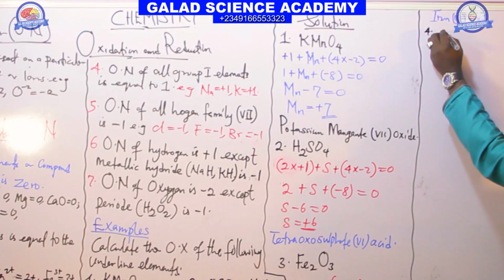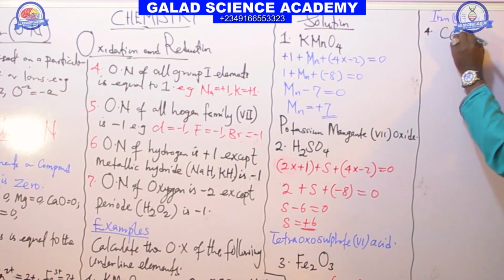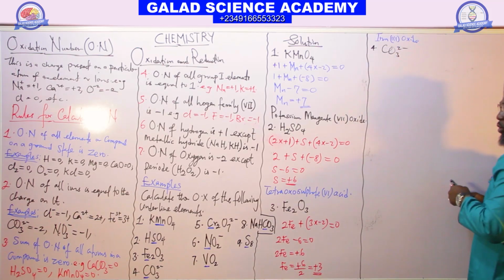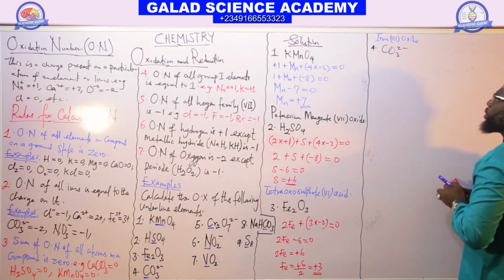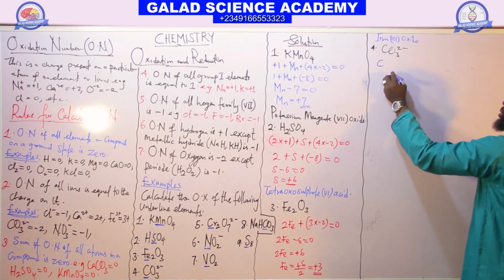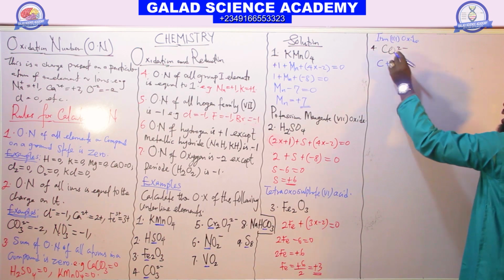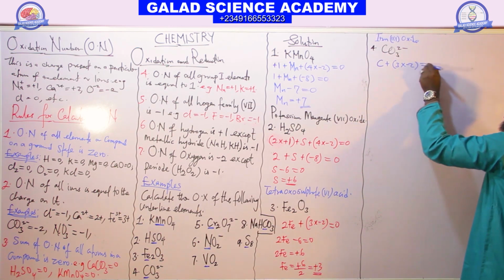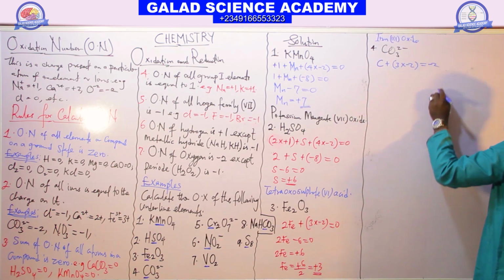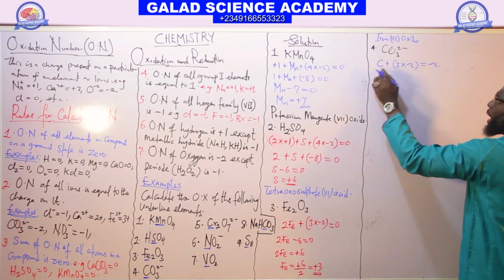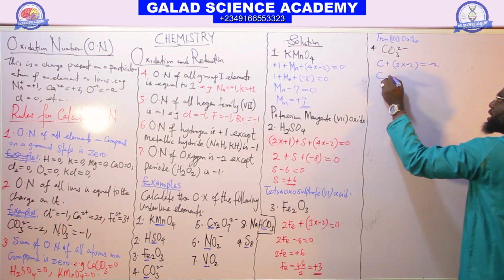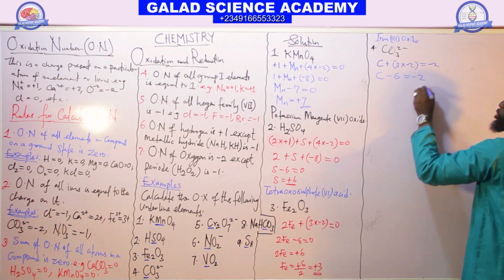So the 4 is CO3, 2 minus. What is the oxidation number? We are looking for carbon. We have carbon plus oxygen, which is 3 multiplied by minus 2. The final one here we work with minus 2. So carbon minus 6 equal to minus 2.